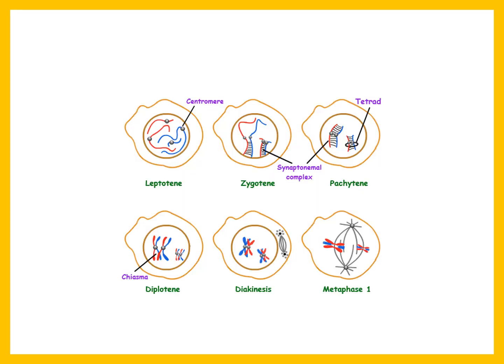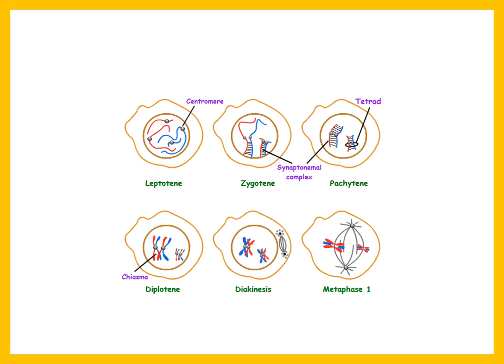Now in prophase 1, at the leptotene stage, the chromosomes are homologous chromosomes. Homologous chromosomes means one from the father and another from the mother, otherwise we say paternal and maternal. Normally blue is paternal and red is maternal, so they differentiate. Then in the zygotene stage they lie side by side. That is called pairing or synapsis.